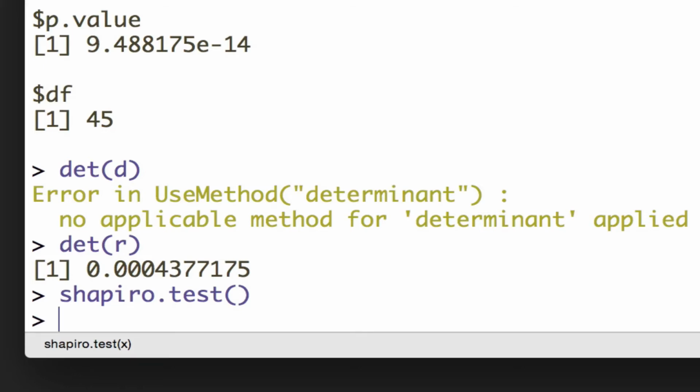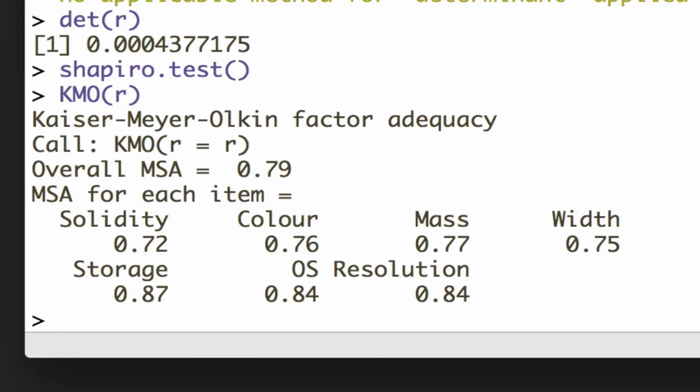So in this case we're going to run KMO, and we want to give it our matrix, and we really want to look at the overall value here, and we've got 0.79.